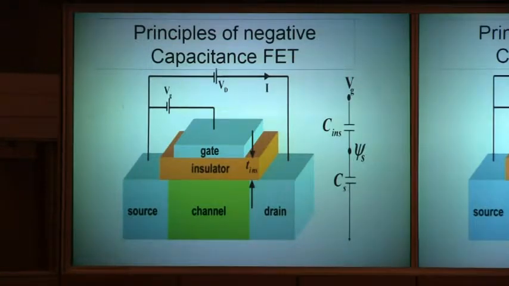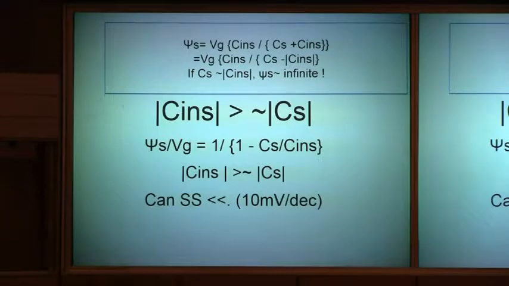And there's a simple equation to describe this, because these are two capacitors in series. Therefore, the surface potential is expressed in this way. The negative capacitor and the normal capacitor are in series. Therefore, these are very simple equations.